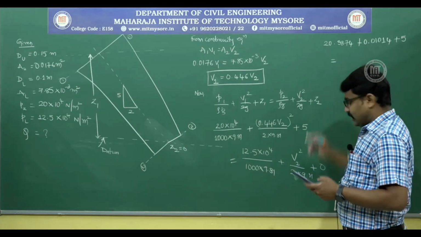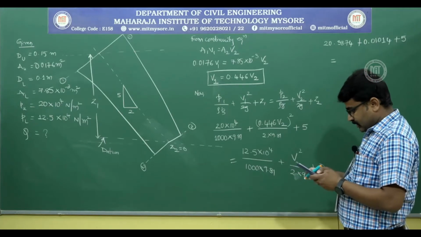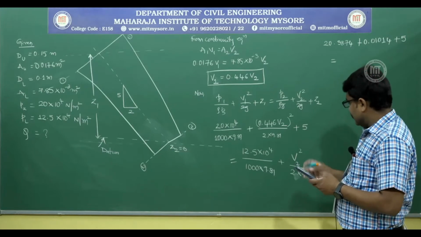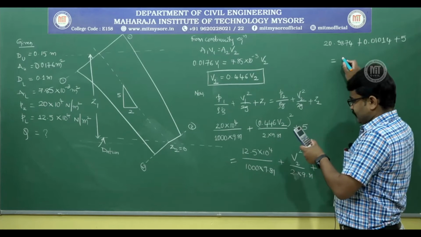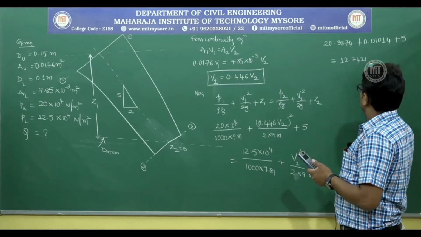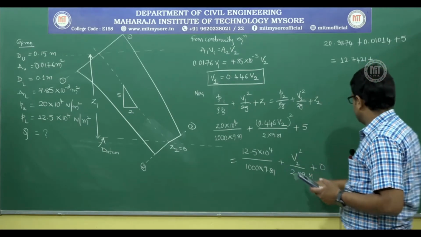This must be equal to what? 12.5 into 10 power 4 divided by 1000 into 9.81. So, that is nothing but 12.7421 plus what is this? V2 square by 2g.